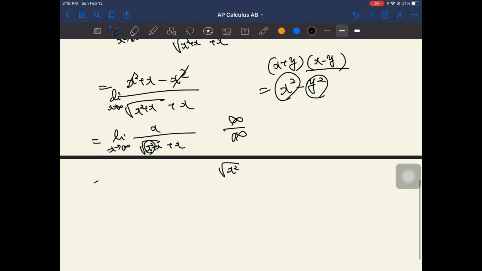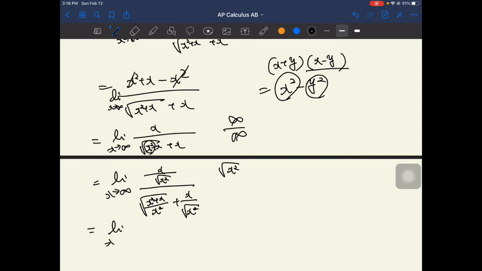Okay, let's do it. x over square root of x squared over square root of x squared plus x over square root of x squared plus x over square root of x squared. Then don't forget to put the absolute value when you expand this one.